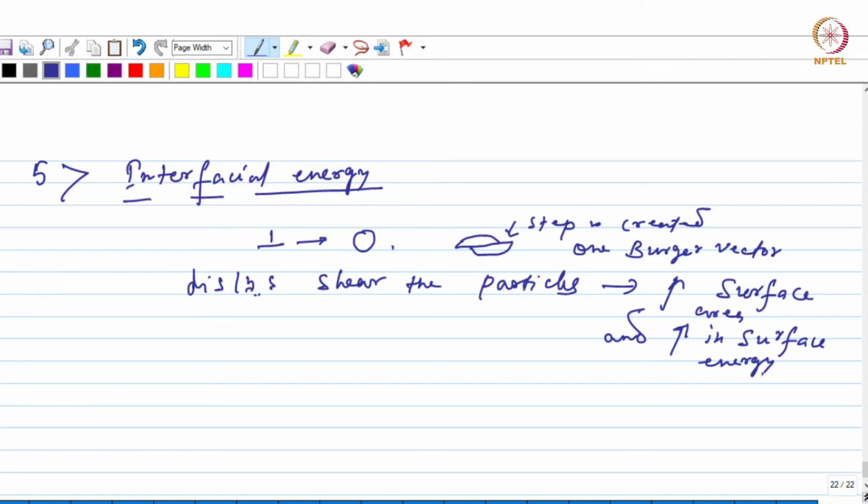So this increased surface energy has to be supplied in the form of the applied stress. And that is how you have the strength increasing.